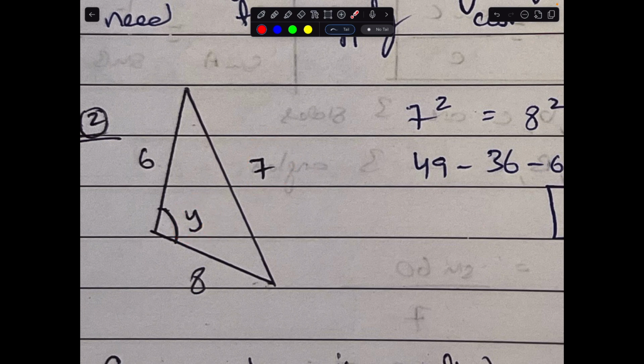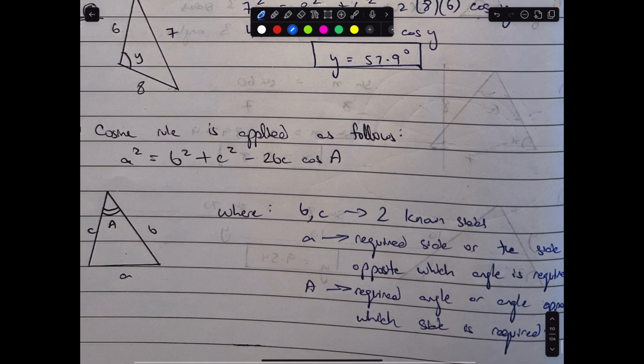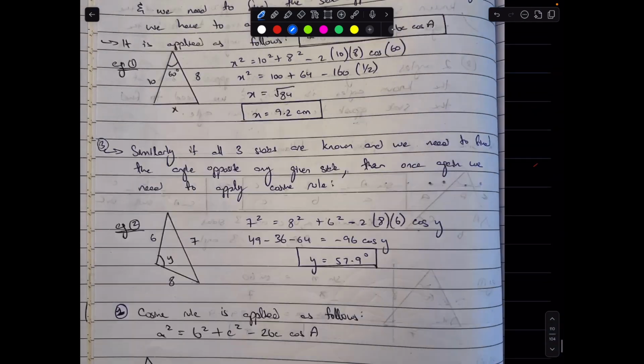If I need to find the angle opposite 8, I'll use this one, and if I have to find the angle opposite 6, I'll use this one. After substituting the values, this is what my formula looks like. I took all the constants to one side, and solving this gives y equal to 57.9 degrees. So we are done with the sine rule and the cosine rule.